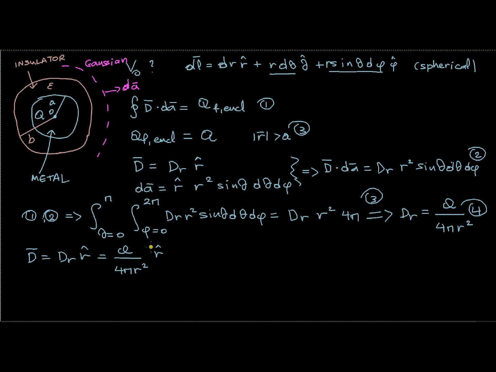All right, so that was my first step. I used the free charges and I found the electric displacement vector. Now I will write my finding again over here. I found D to be Q over 4 pi r squared times r hat, and let's make this equation 5.